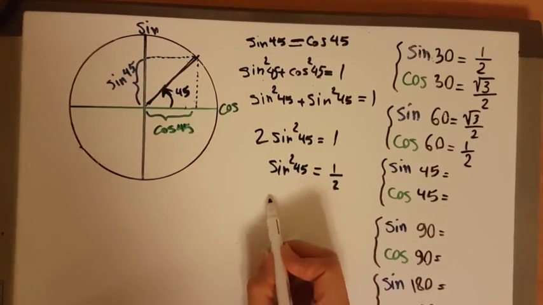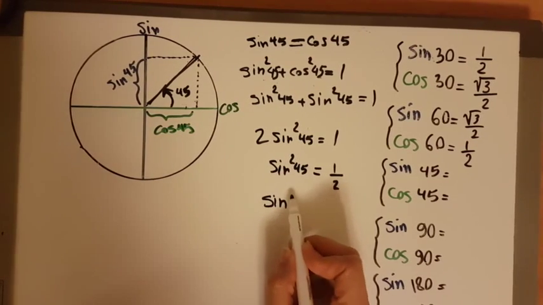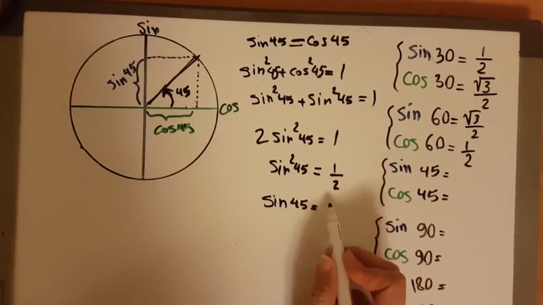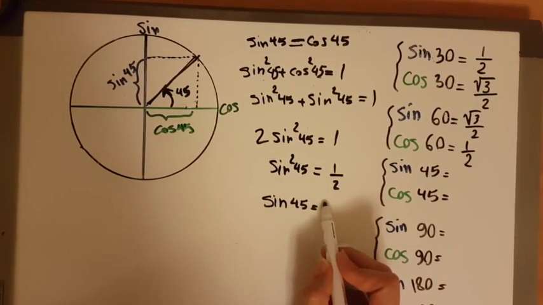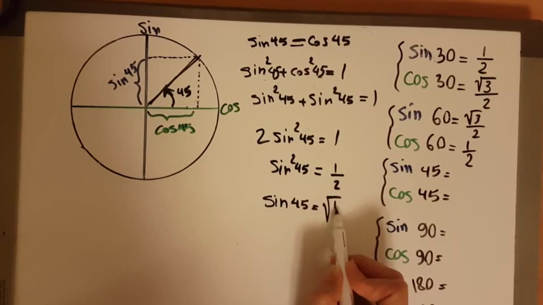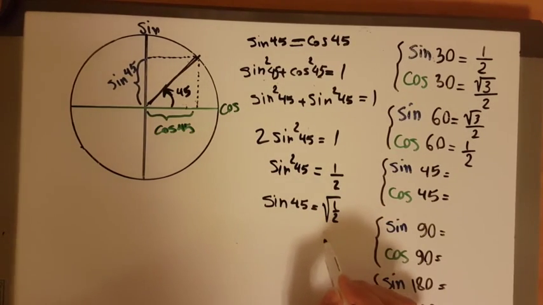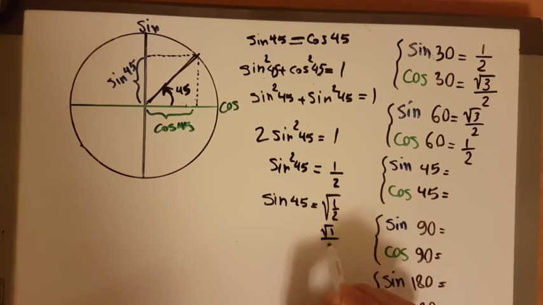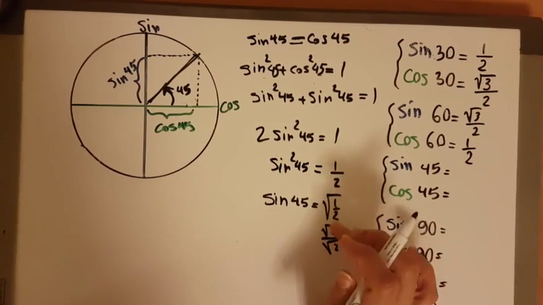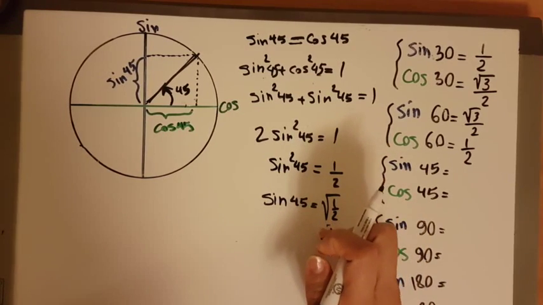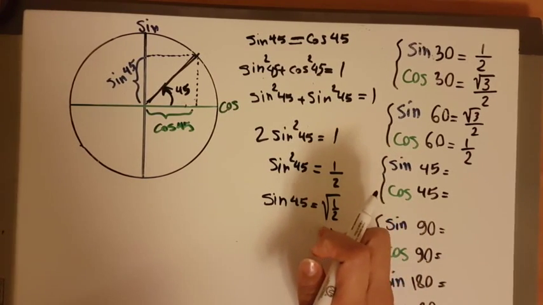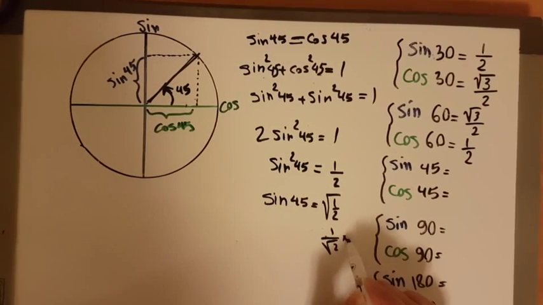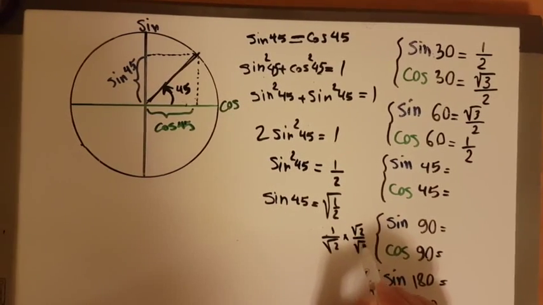So the sine of 45 would be the square root of this part, which would be radical 1 over 2. And you know that radical 1 over 2 equals radical 1 over radical 2, and the 1 comes out of the radical easily, so this would be 1 over radical 2, but you have to rationalize it, right? So multiply both by radical 2 to rationalize it.